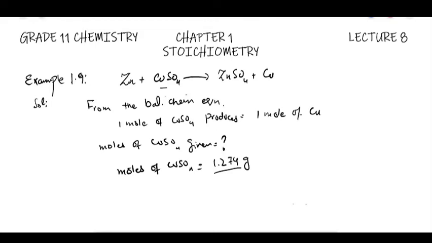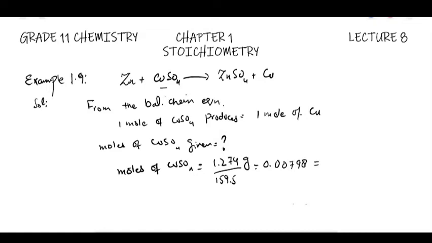So you can calculate the molar mass of copper sulfate from the atomic masses of copper, sulfur, and oxygen, and it comes out to be around 159.5. So when you do the calculations, this is equal to 0.00798 moles.